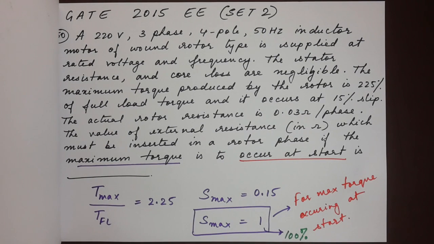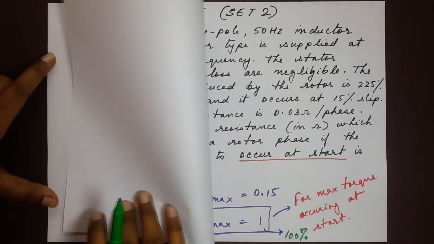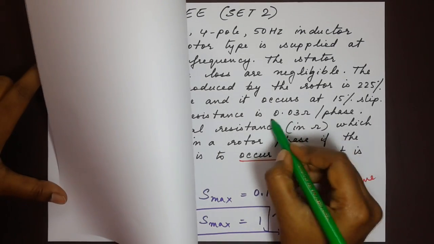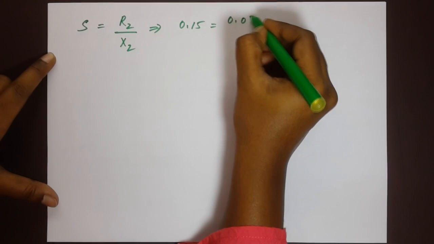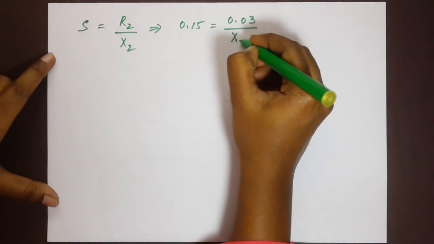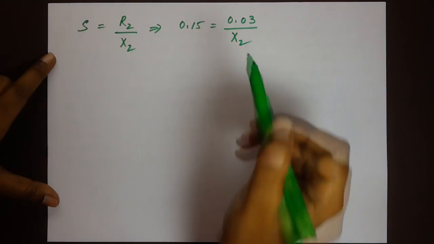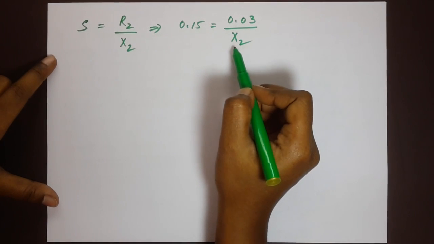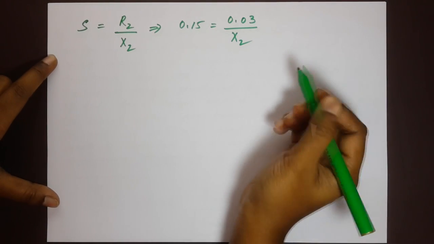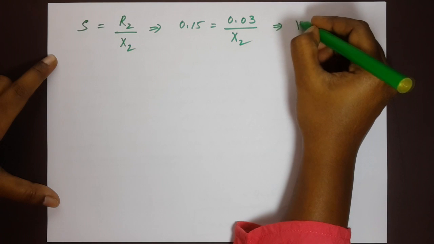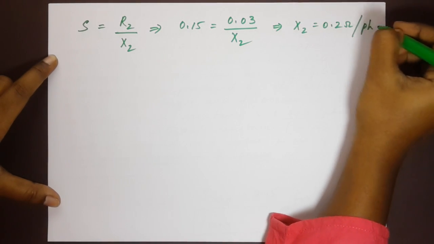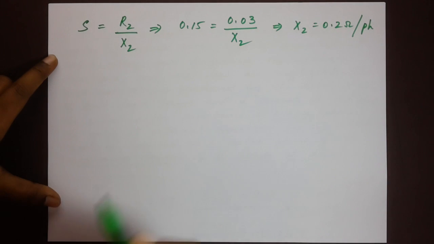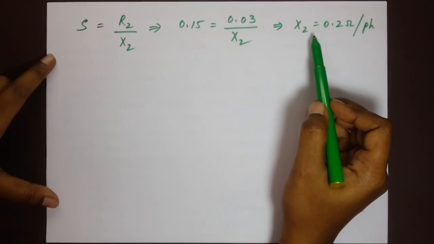The rotor resistance is 0.03 ohms per phase. That's what's given here. 0.03 divided by X2. Now we have to find out what the value of X2 is. Solving this, you will be able to find X2 to be 0.2 ohm per phase. Alright, we now have our value of X2.